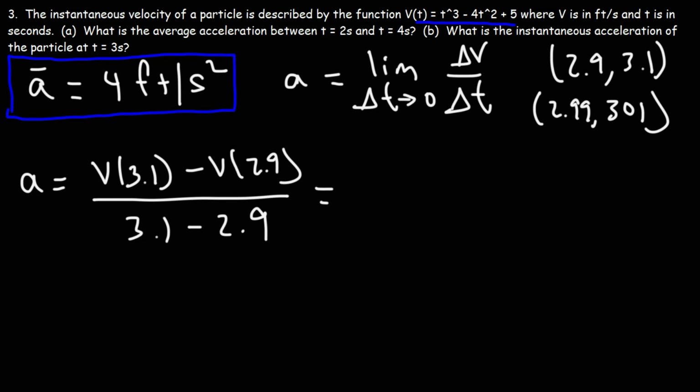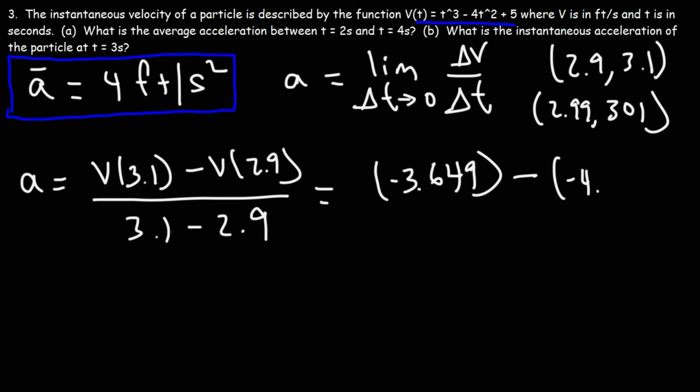3.1 cubed minus 4 times 3.1 squared plus 5. That will give you negative 3.649. Now let's plug in 2.9 into that formula. 2.9 to the third power minus 4 times 2.9 squared plus 5.